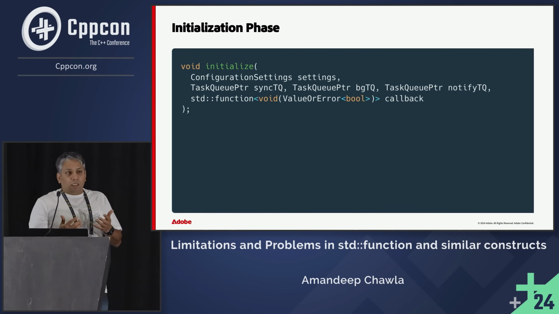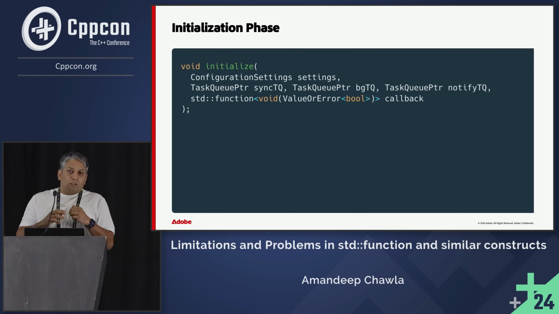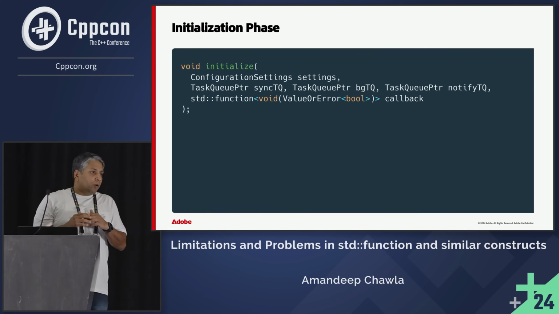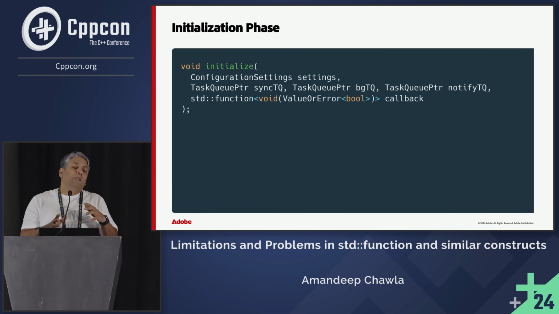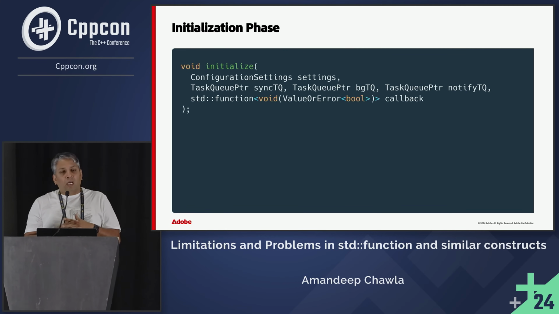The first one is the synchronous task queue, which is a serial task queue where, whatever concurrency you want to achieve within your data model, you can push all the tasks there and you will be 100% sure that they will happen serially. Then the background task queue is generally a concurrent queue where you can push long-running tasks or things which do not risk corrupting your data model.